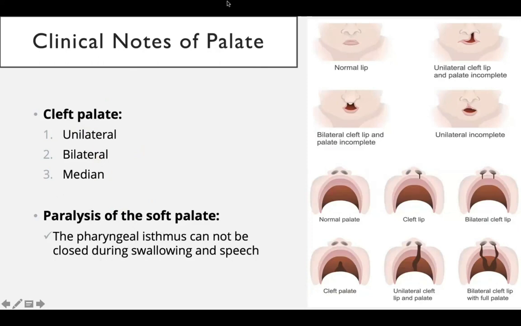Let's ask someone a question. During swallowing, if the pharyngeal or oropharyngeal isthmus cannot be closed, what can happen?